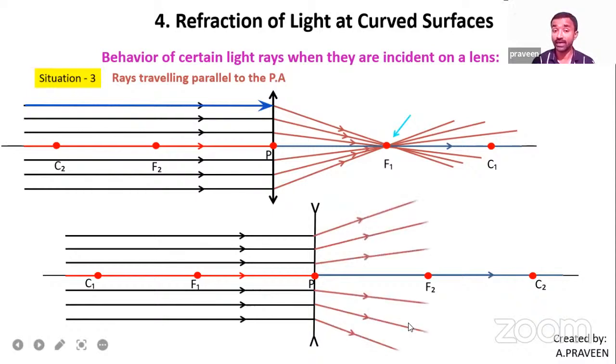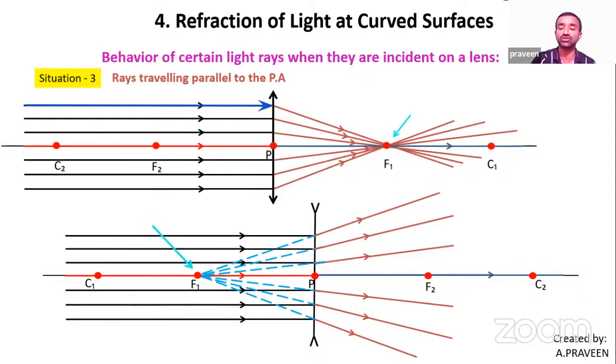In the backward direction, you get a common point F1 from the backward light rays. That point is defined as the focal point, or the focus of the light rays.